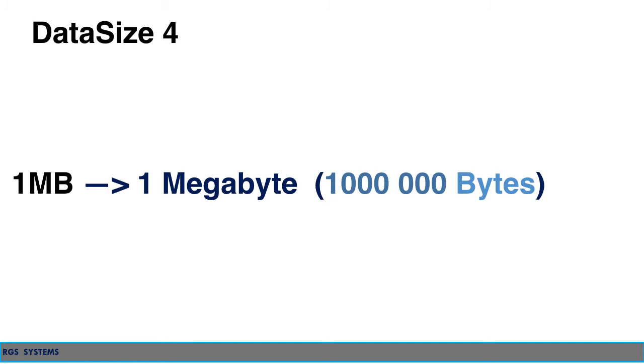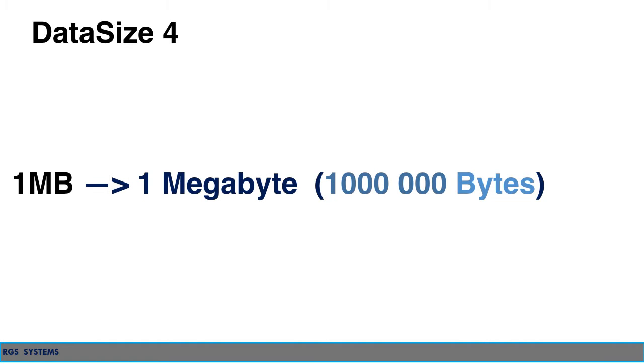1 megabyte is 1000 kilobytes. You could see the zeros increasing. To give you an idea, when you send an email and sometimes attach a file, maybe it's in MB size.